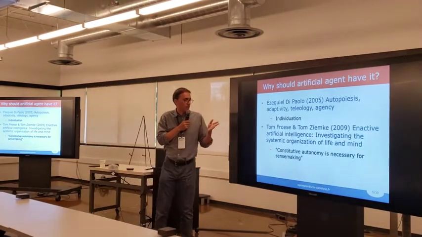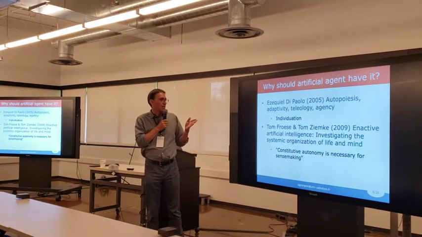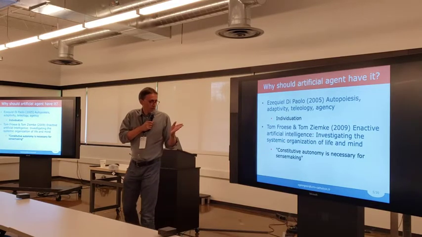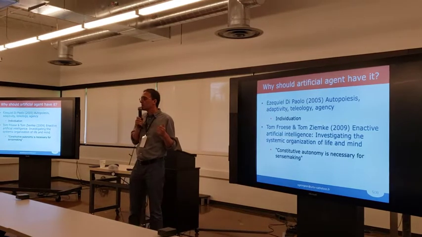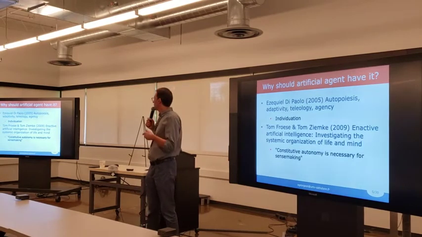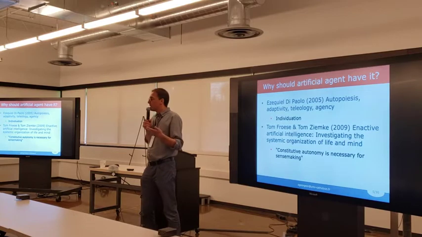Tom Froese and Tom Ziemke in 2009, Enacted Artificial Intelligence, investigating the systemic organization of life and mind, argued that constitutive autonomy is necessary for sense making. So sense making is the capacity to make sense of one's experience or interaction, what's going on.